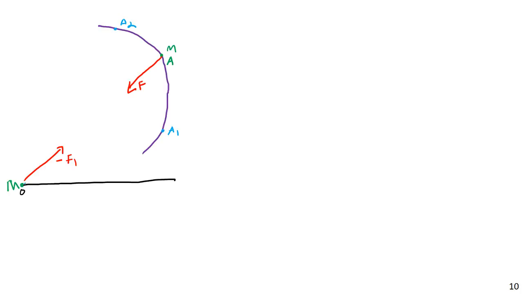And then R1, our position vector 1, and R2, our radial position vector 2. These are perfectly straight lines. If you see them as curved, you're completely imagining it.